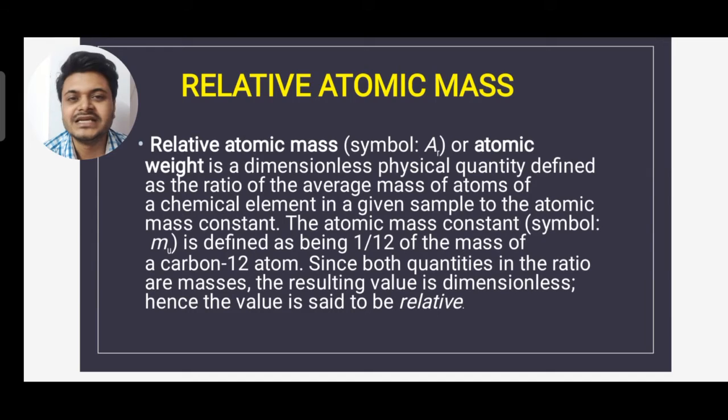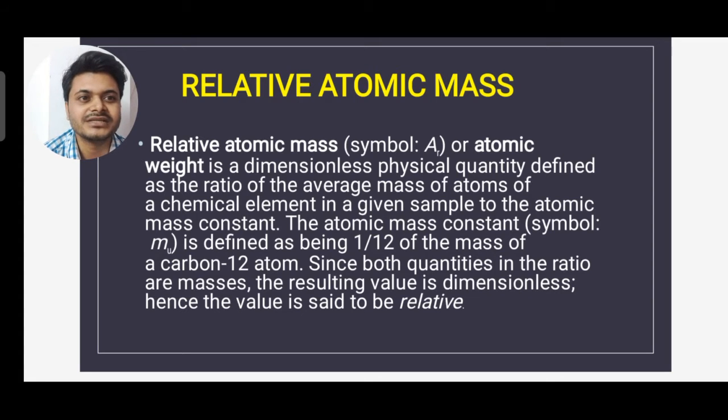Now what is relative atomic mass? The relative atomic mass, symbol A with suffix r, or atomic weight, is a dimensionless physical quantity defined as the ratio of the average mass of atoms of a chemical element in a given sample to the atomic mass constant.